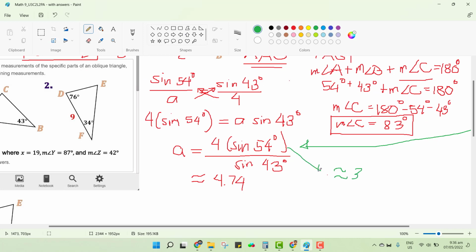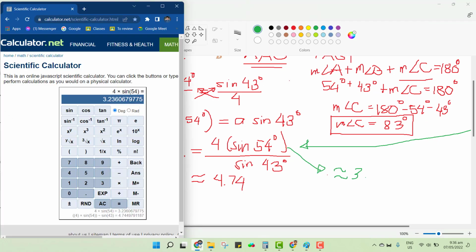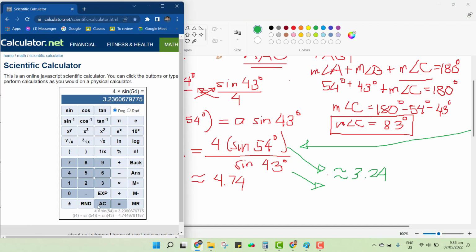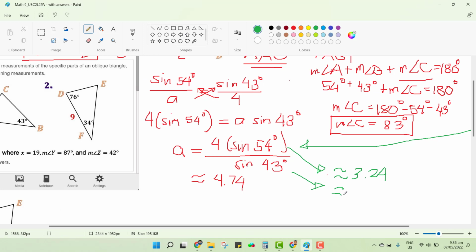You have 3.24. And for the denominator, you will get an approximated value, which is sine 43, which is 0.68. Okay, round it off to 0.68.